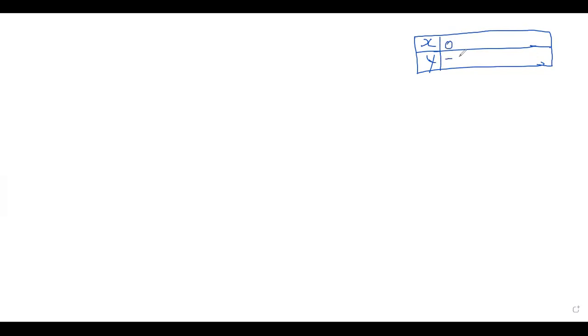That is 0, minus 2; 1, minus 1; next 2, 0; next 3, 1; minus 1, minus 3; minus 2 and minus 4. Okay, now I'm going to plot a graph.